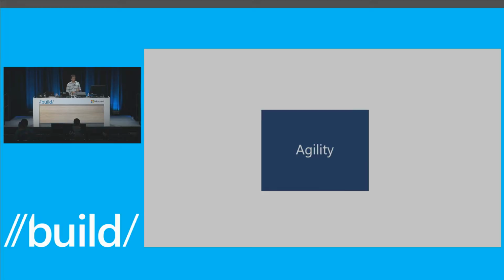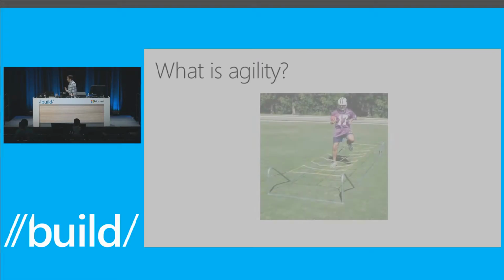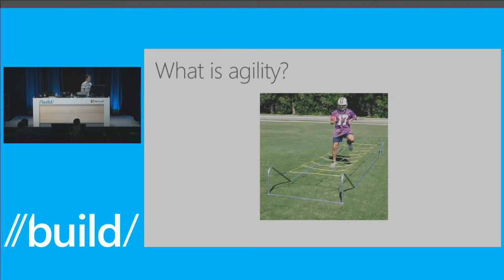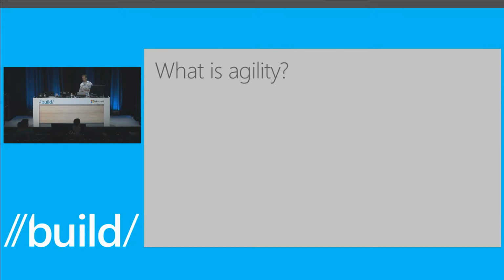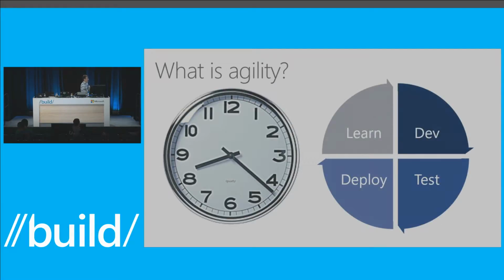And so what does this actually mean? Well, what is agility? It's said a lot. The press talks about it a lot. What does it actually mean? Well, it doesn't mean being able to run this type of football gambit thing. No, it's more around how quickly you can get your application and your code into your customers' hands. And so it's both a question of time to market, time to value, but then also it's a question of iterative speed.